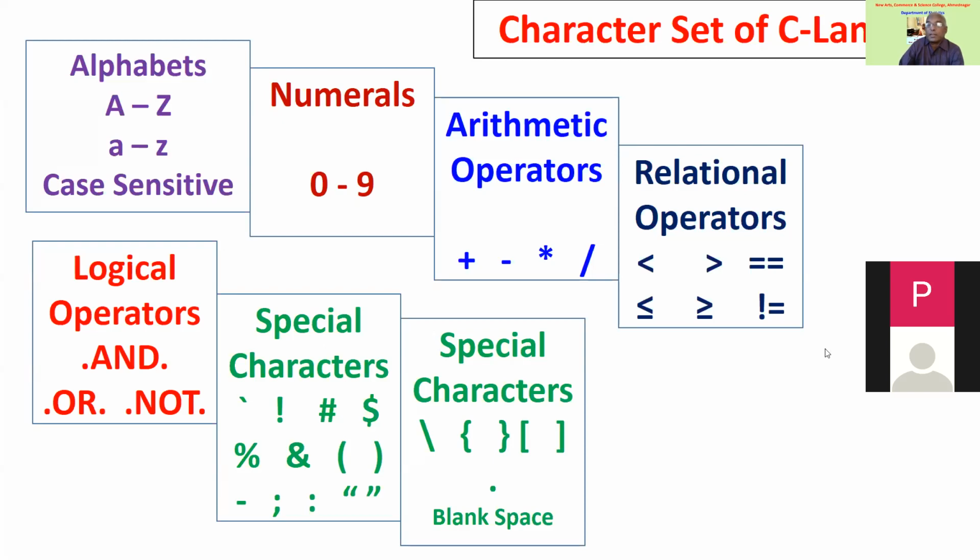Another relational operator is for not equal to. In our usual practice, we use equal with a scratch through it. In C language, not equal to is defined by an exclamation mark and equal to.